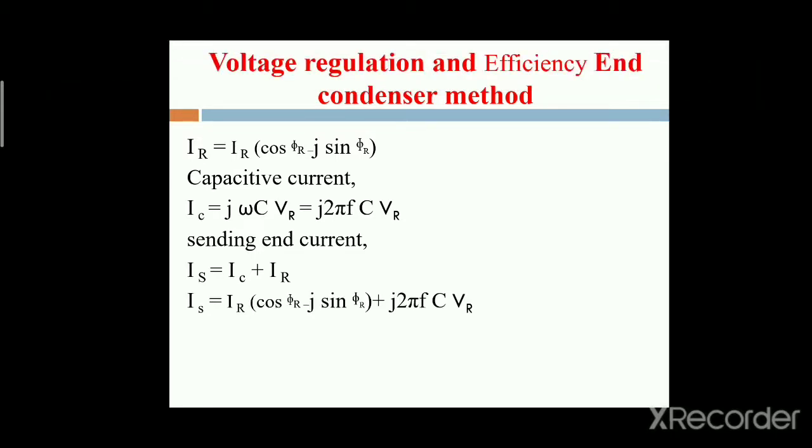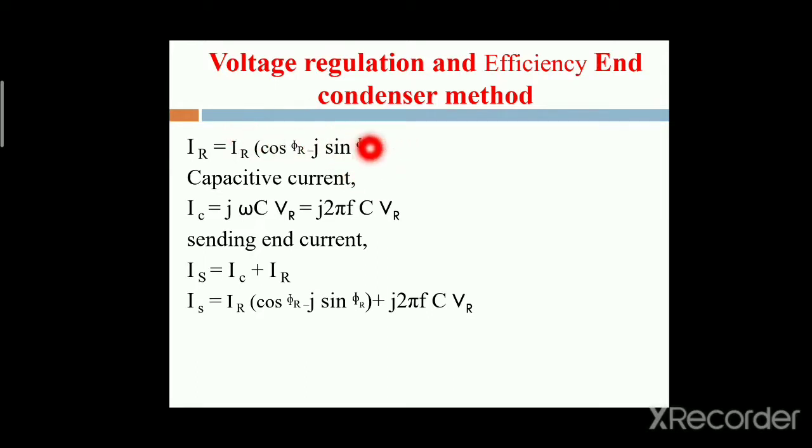Next, substitute the values of IC and IR in this equation, where IC is equal to J 2 pi f C VR and IR is equal to IR into cos phi r minus j sin phi r.